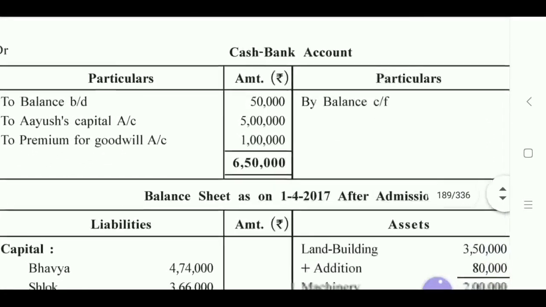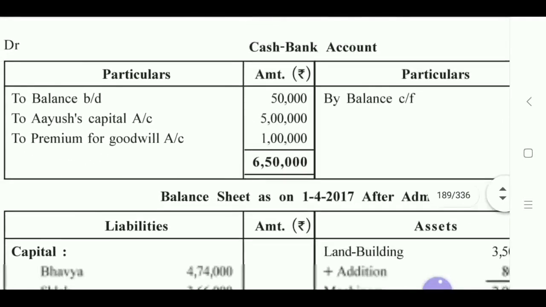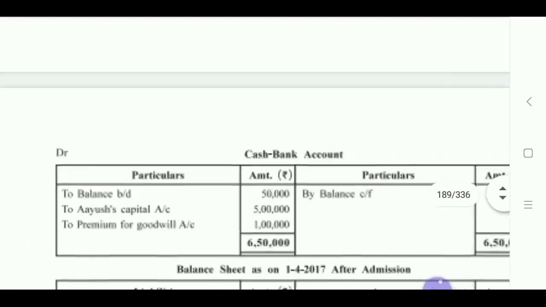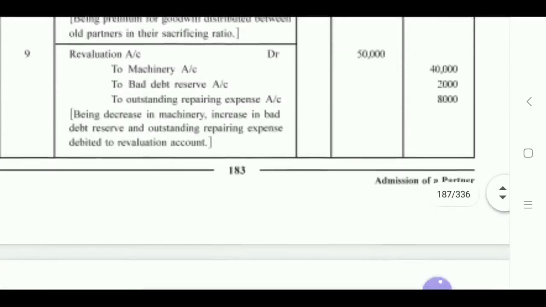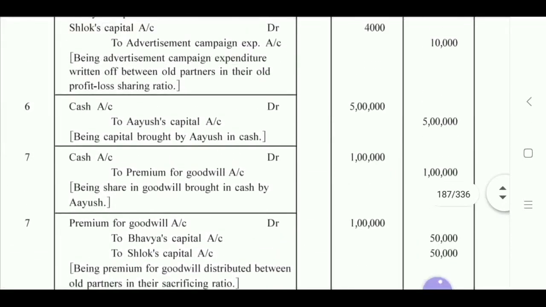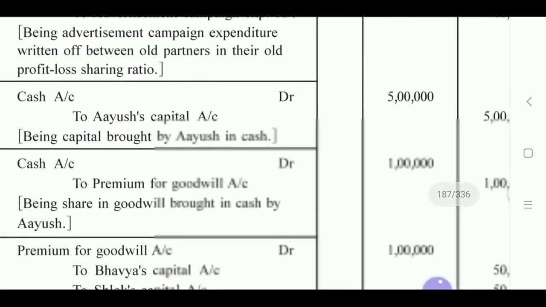Yeah, you can see the debit side here. Cash account debit to premium for goodwill account, 1 lakh. Then the second effect of the journal entry will not come in posting, because we are not having premium for goodwill account. उसका account हमने बनाया ही नहीं है.